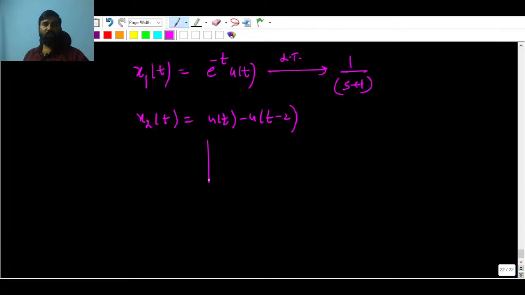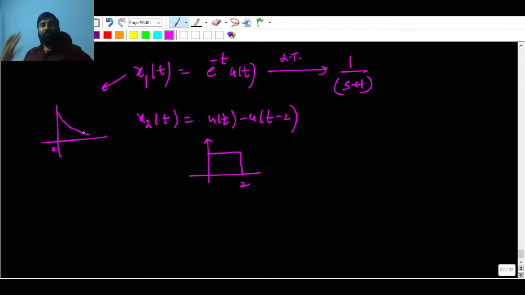This is just a window, and this is x2, and this is the exponential. If you want to plot, you can plot easily. It starts from 0, and as t tends to infinity it doesn't become 0, but it seems to reach 0 asymptotically.